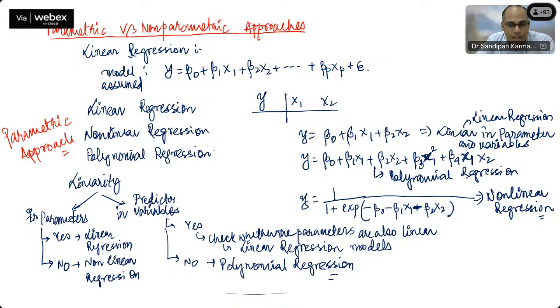Non-parametric is telling you that I cannot assume, or I'm not in a position to go for a parametric approach, that I cannot assume the parametric form of that particular model. What is that parametric form? Parametric form is how many betas I can take. I don't have any idea, or I cannot go into that.